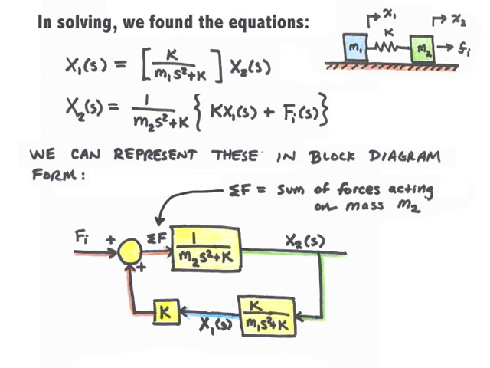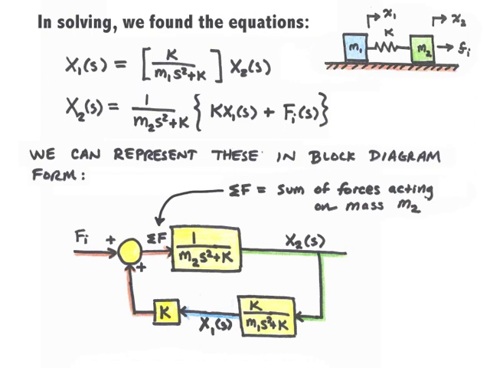This block diagram shows the interaction between the motion of the 2 masses, x1 and x2. It shows their interconnected dynamics. We have x2 responding to the external force Fi and k, the spring constant, times x1. And then we have x1 responding to x2 through the transfer function k over m1 s squared plus k.